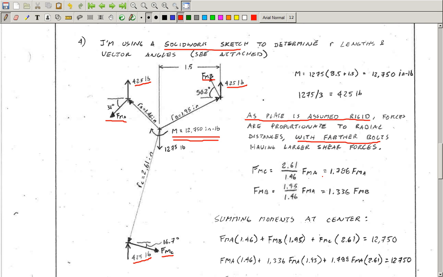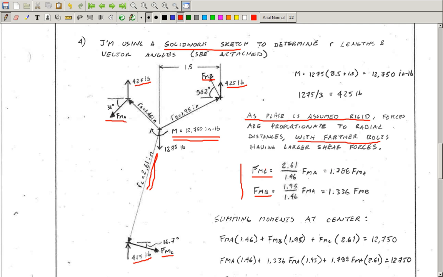So what I've got in these expressions here for FMC and FMB, up top here, 2.61, that's RC. That's the distance out to location C. And on the bottom, 1.46, that's the distance to bolt A, RA. So I've got RC over RA times FMA is equal to FMC.